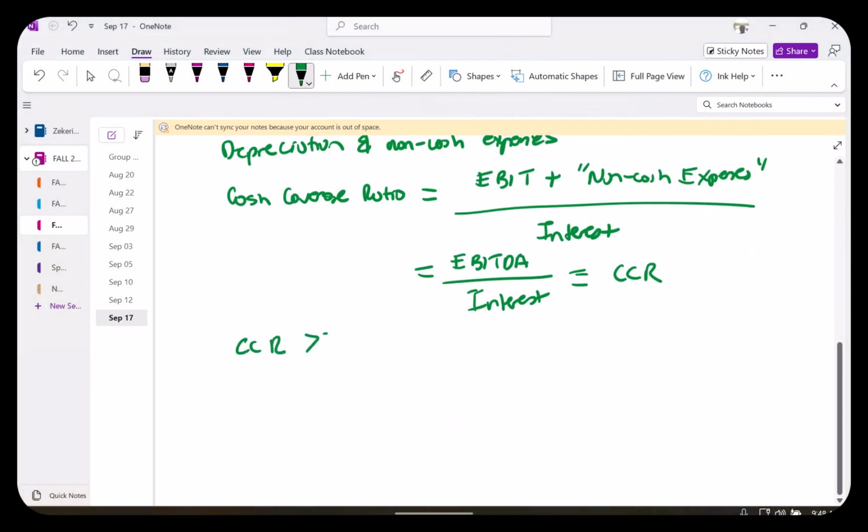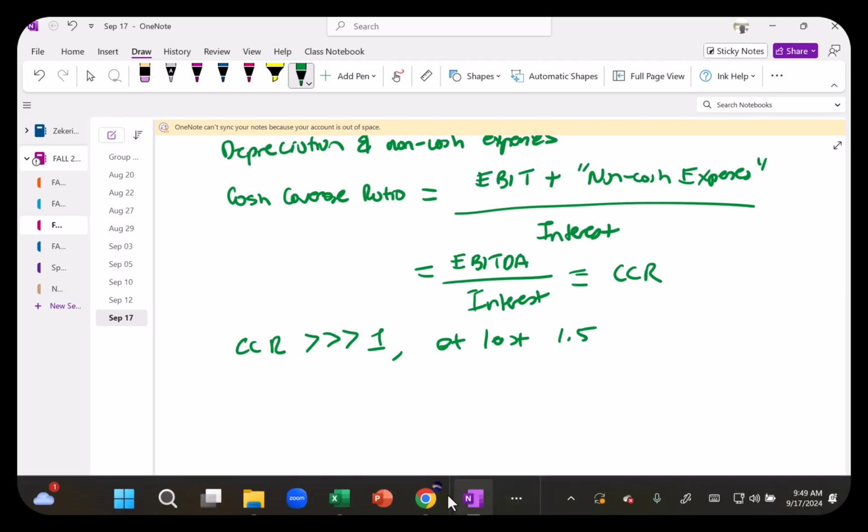I want CCR also to be significantly greater than 1, probably at least 1.5. Again, that's kind of an arbitrary cutoff. As a creditor to this firm, you should make your own judgments. But if it's 1.25, I'm going to be worried about whether, on a consistent basis, these people will be able to make those payments.